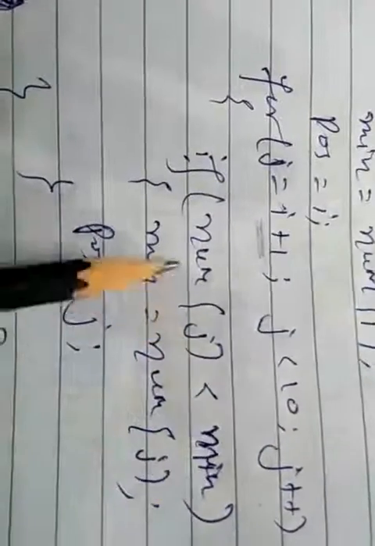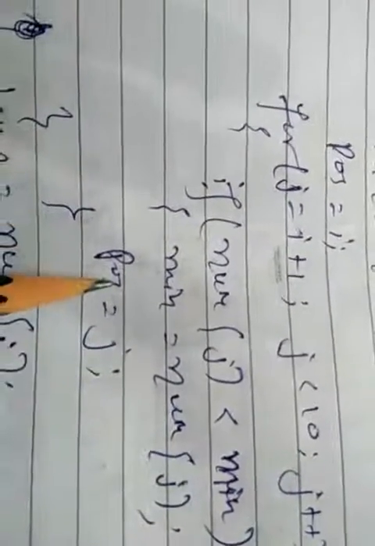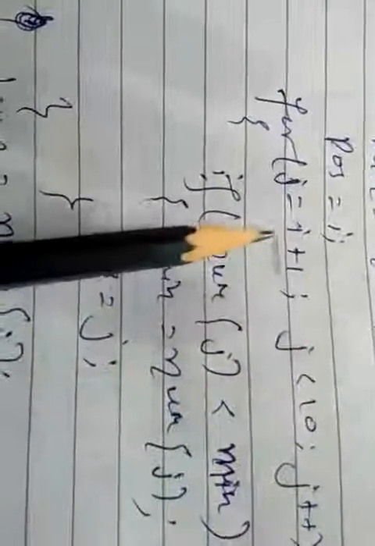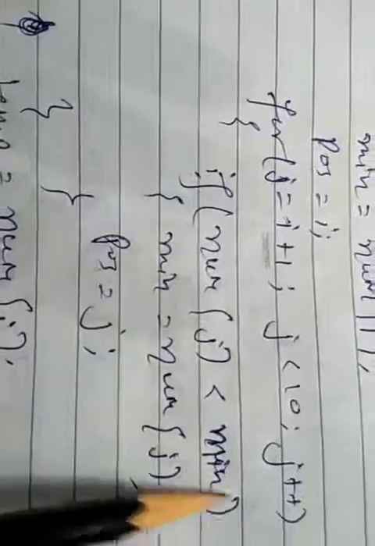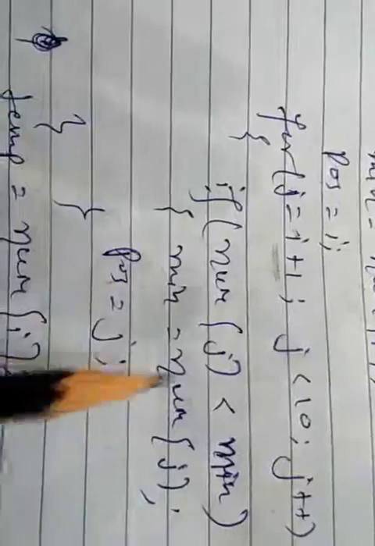If the j-th element is less than the minimum element, and this condition is satisfied, then that number will be stored into minimum, and the position of that number will be stored into POS. This will go till the end of the array. So the minimum element will be in this variable, and the position of that element will be in POS.